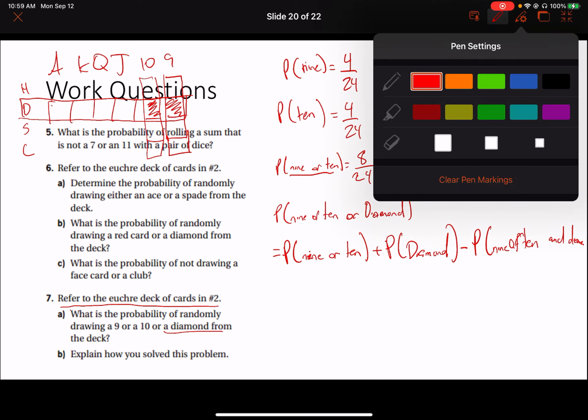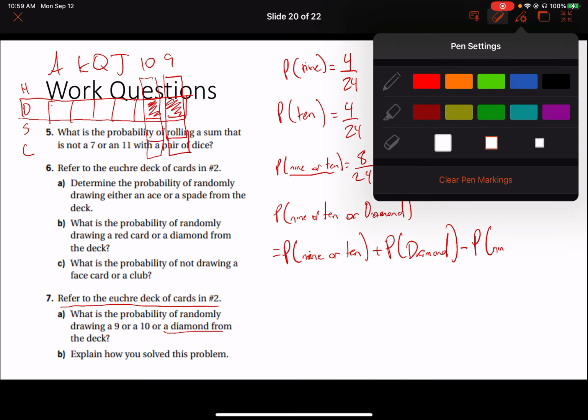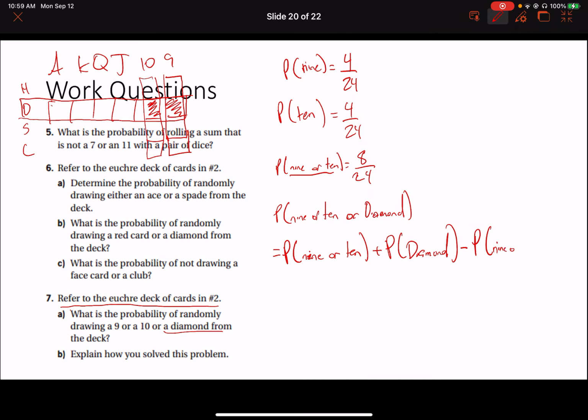Oops, let's fix that up a little bit. 9 or 10 and diamond.